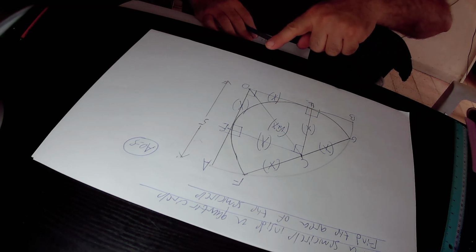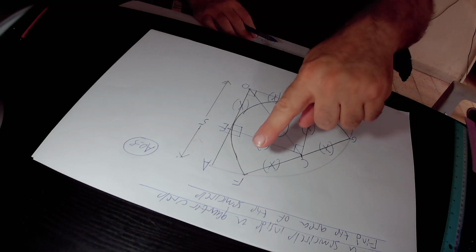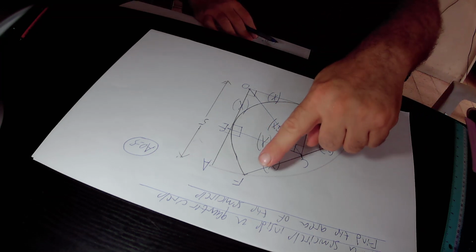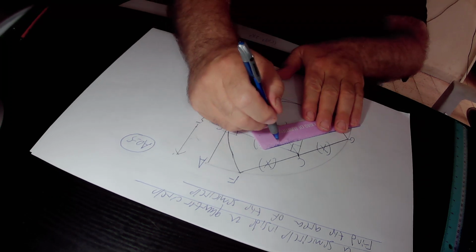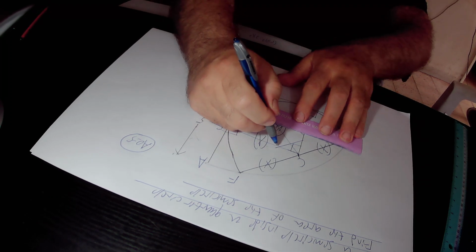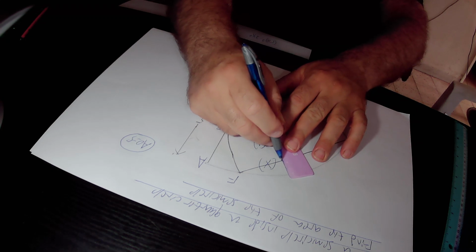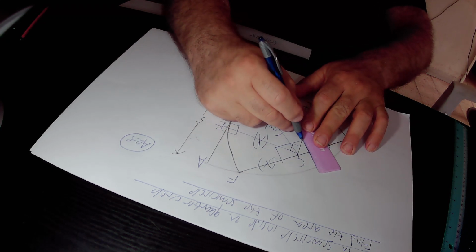So according to rule 7, line segment OC will be perpendicular to FG. If OC is perpendicular to FG, this angle equals 90 degrees, and this angle also equals 90 degrees according to rule 7.